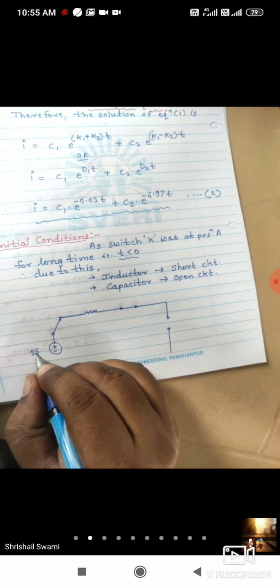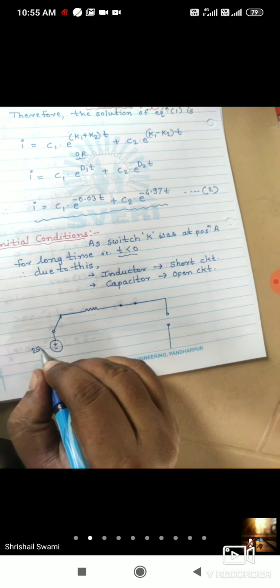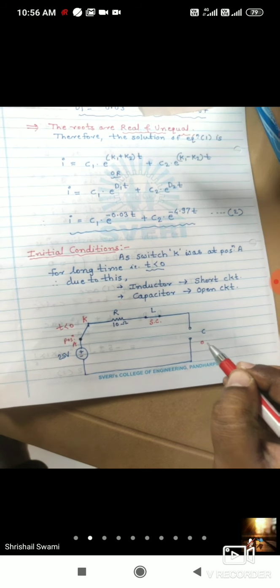Now R equal to 10 ohm, L is shorted and capacitor is open. This is the switch K and it is at position A when t is less than 0.